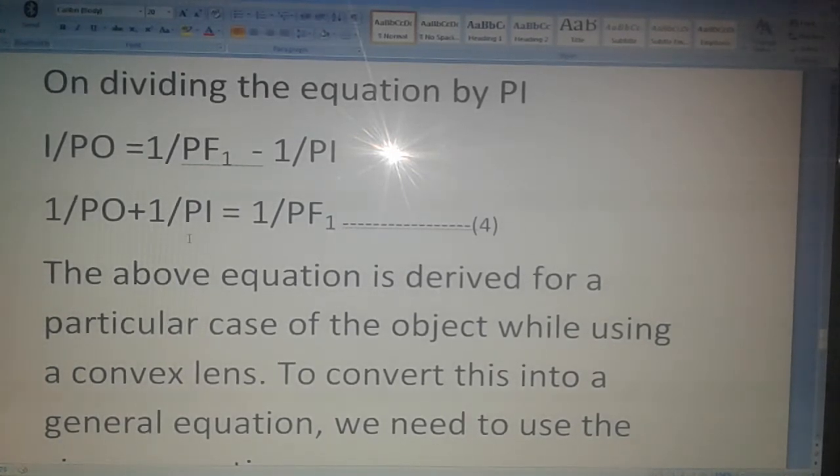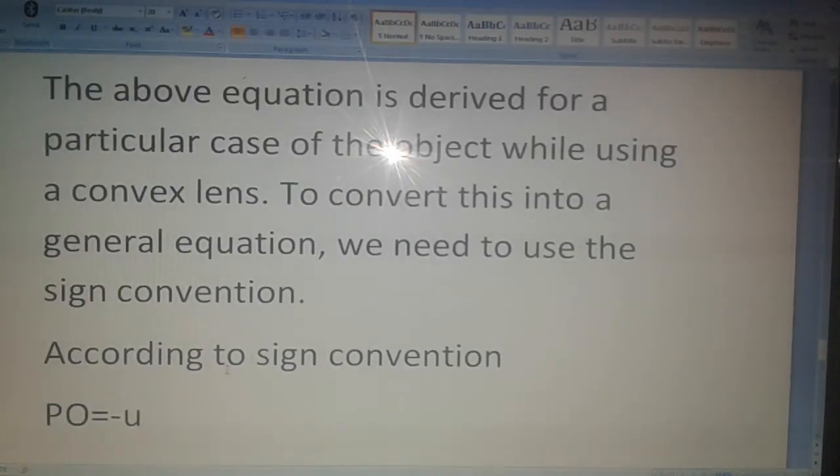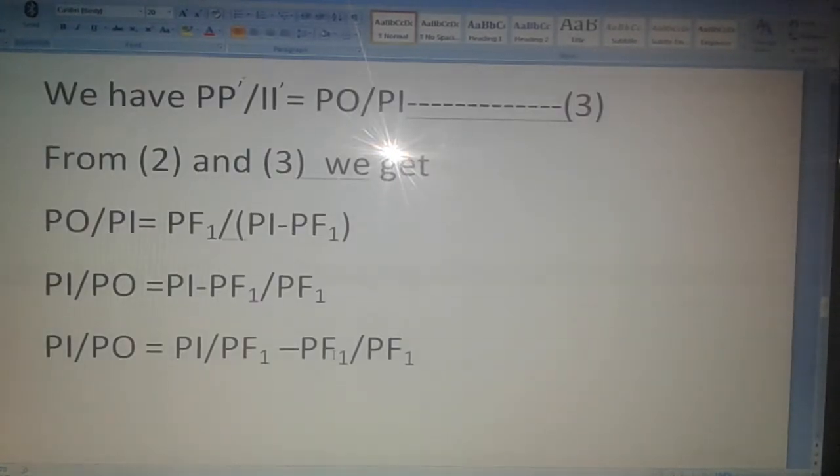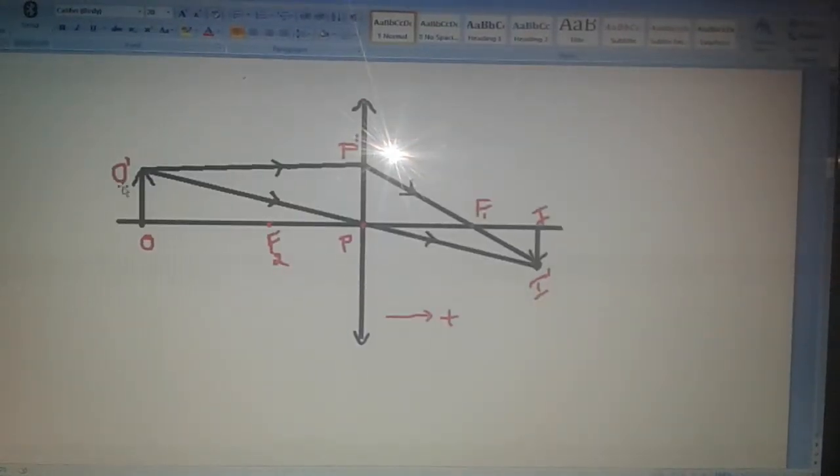As we said earlier, PO is the object distance, PI is the image distance, PF1 is the focal length. We have to follow the sign convention also. Now, how to take the sign convention? If we observe in this figure, the incident rays are in this direction. So the sign convention towards this direction is plus. If we go before the lens, then it is minus.